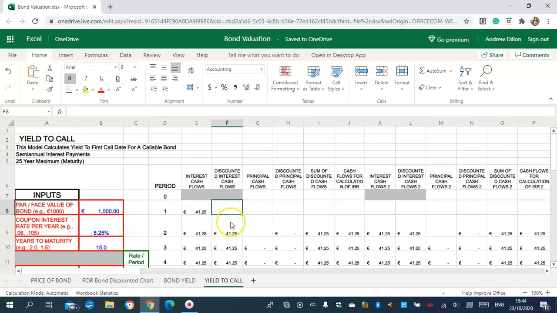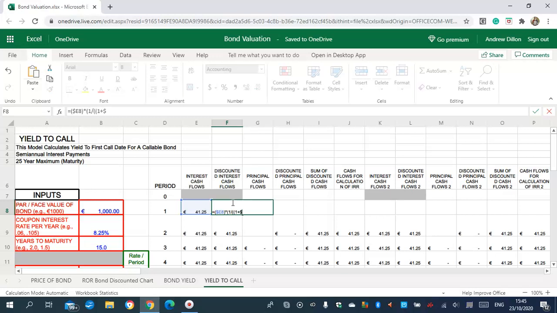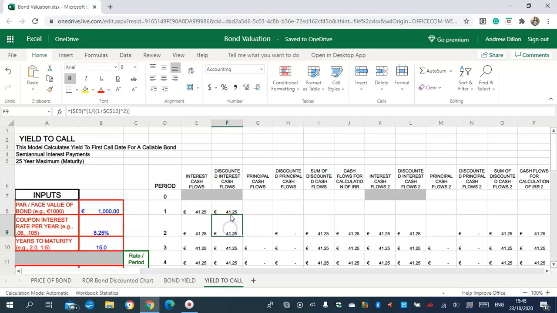For the discounted cash flows. Okay, principal cash flows.